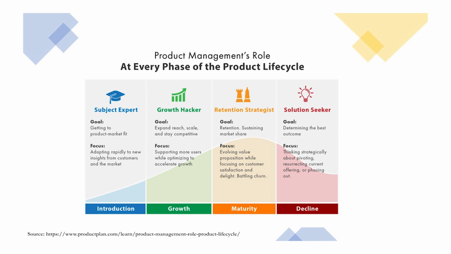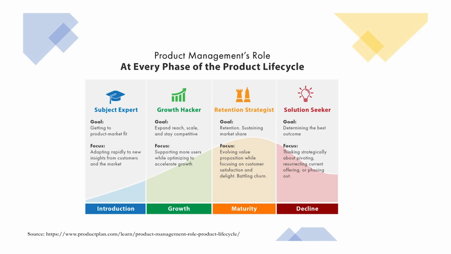The retention strategist tries to retain the product in the market, sustain the market share in the maturity phase, and the solution seeker thinks, well, what should we do next? So, determine the best outcome in the decline phase of the product, whether we should go for a similar product with improved features or create a completely new product.